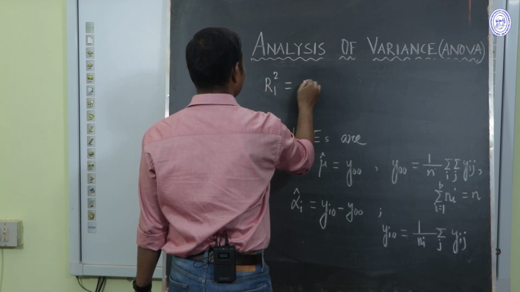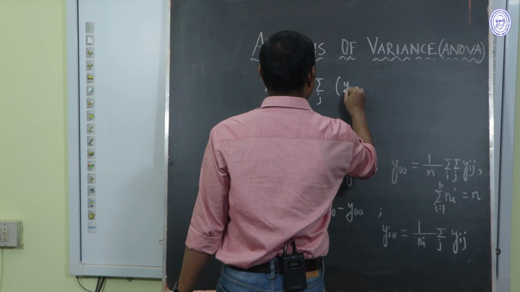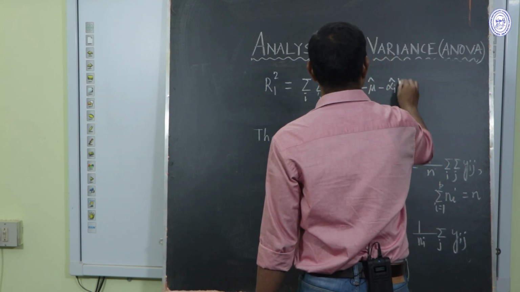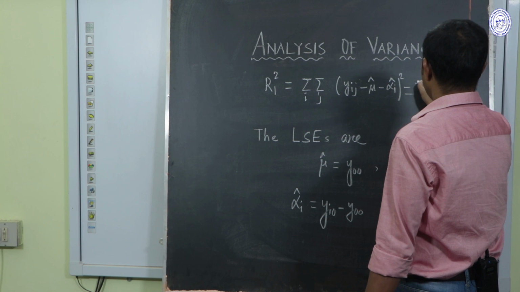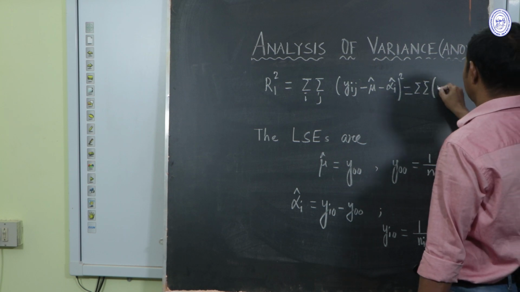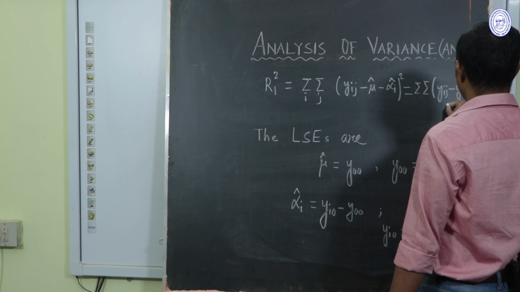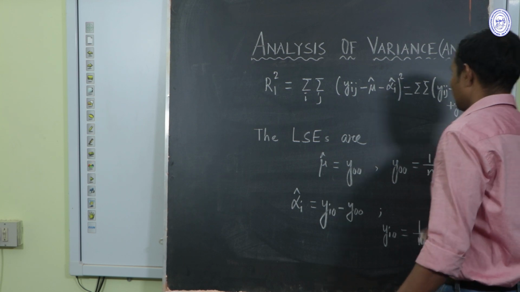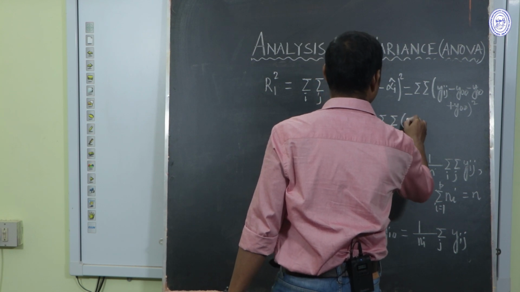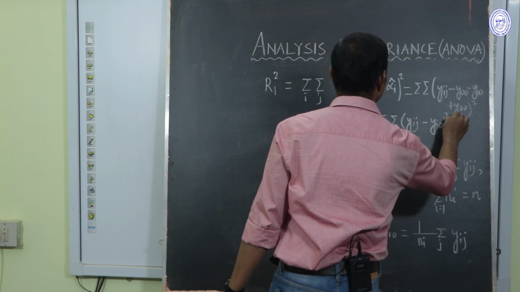Therefore, R1 square equal to double sum y_ij minus mu cap minus alpha_i cap square, equal to double sum y_ij minus y_00 minus y_i0 plus y_00 whole square, equal to double sum y_ij minus y_i0 square.